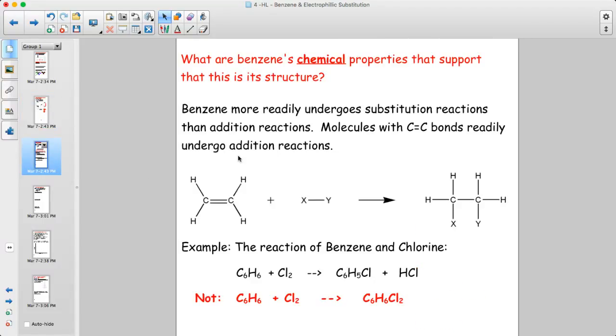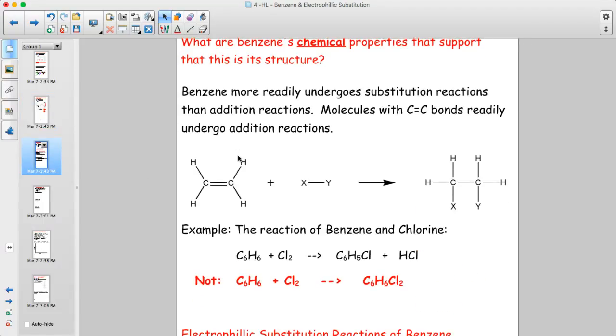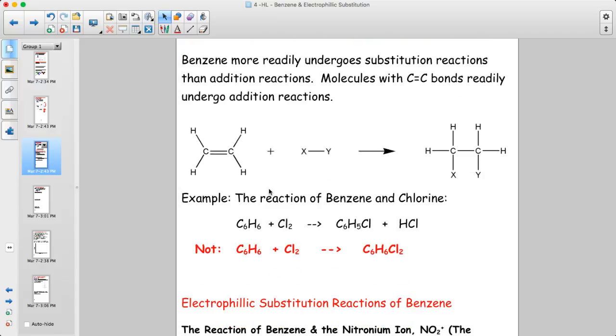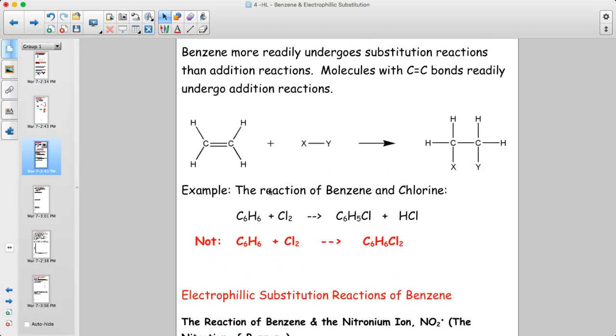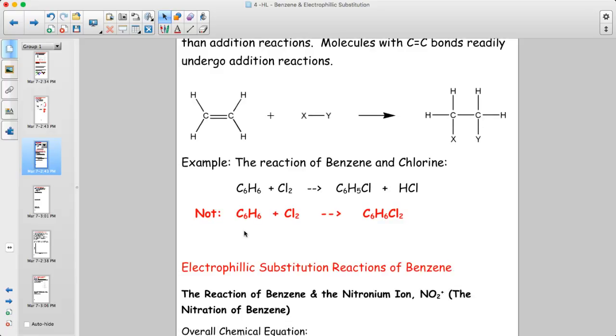The last bit of chemical evidence you need to be aware of is that benzene does not readily undergo addition reactions. Right here is the standard addition reaction where you have carbon-to-carbon double bond, and it reacts with something, and the thing adds on to each carbon of the double bond. But benzene, it's very, very difficult to make benzene do this reaction, and it's much more common for benzene to undergo substitution reactions instead.